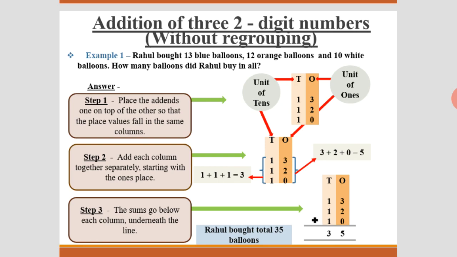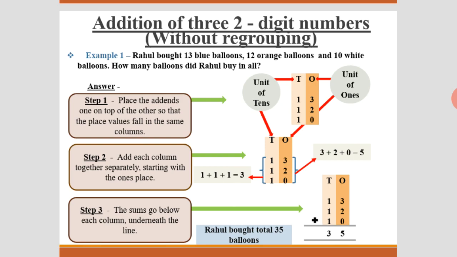Step 3, finally the sum 3 plus 2 plus 0 is equal to 5 is in the ones column. Now we write 5 in the ones place. And 1 plus 1 plus 1 is equal to 3 is in the tens column. Then we write 3 in the tens column.